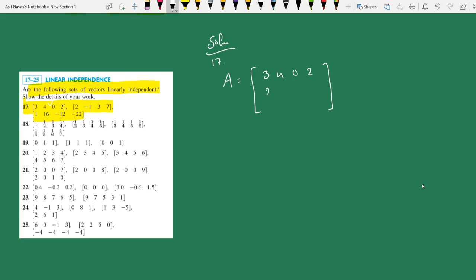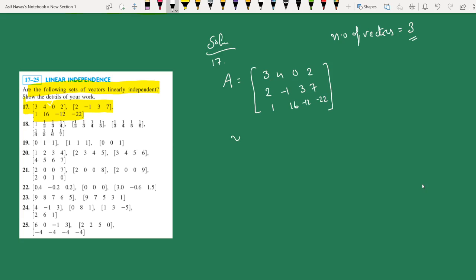Second row: 2, 1, 3, 7. Third row: 1, 16, -12, -22. Now what is the next step? How many vectors are there? Three vectors.